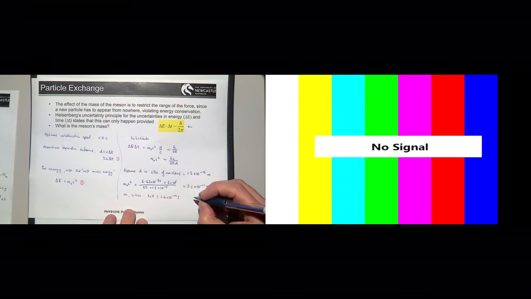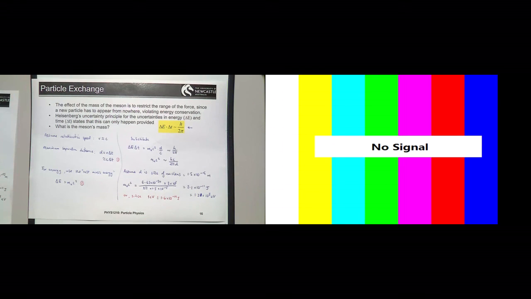So that's just a definition. So if we divide this 2.1 times 10 to the minus 11 by our definition, our 1.6 times 10 to the minus 19, that gets us an answer of 1.3 times 10 to the 8 electron volts.